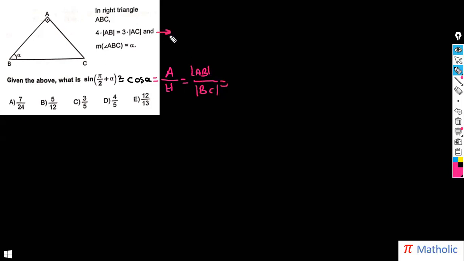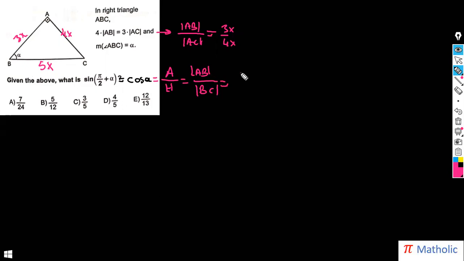So let's use this information to find lengths. So from here, we know that AB over AC is 3 over 4. So this is a ratio. We can say length of AB is 3x and AC is 4x. So let's write here 3 and 4. If we apply Pythagorean theorem over here, we'll get BC 5x.